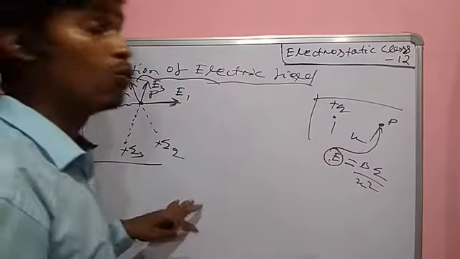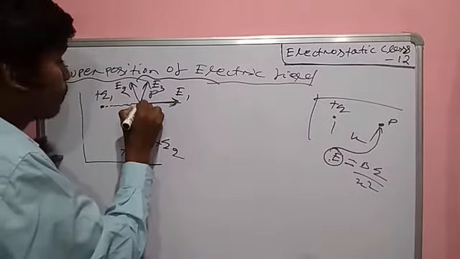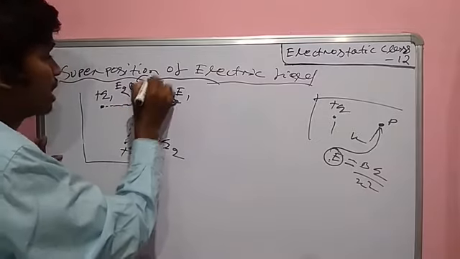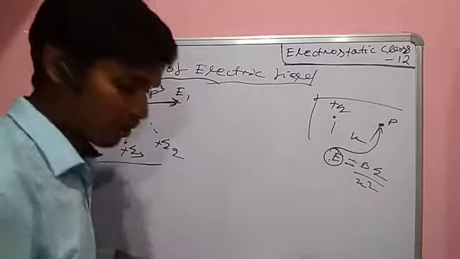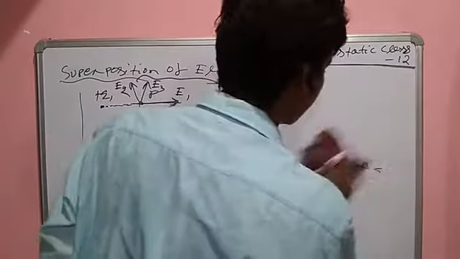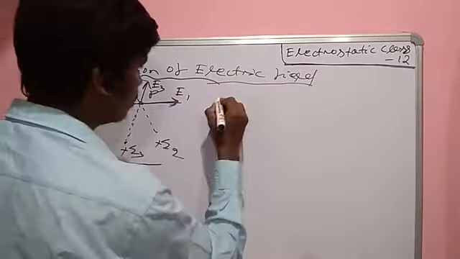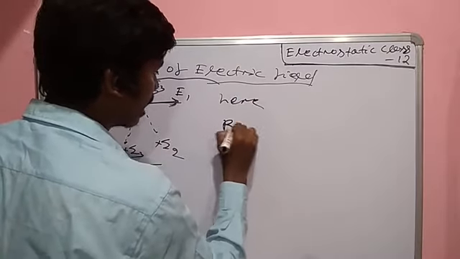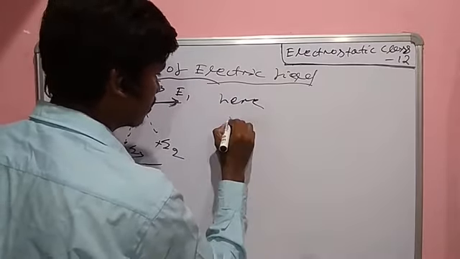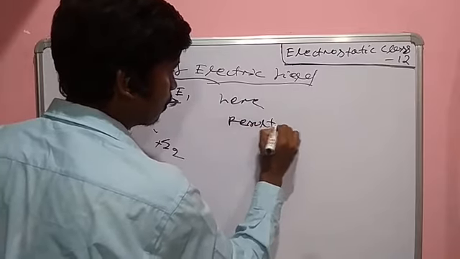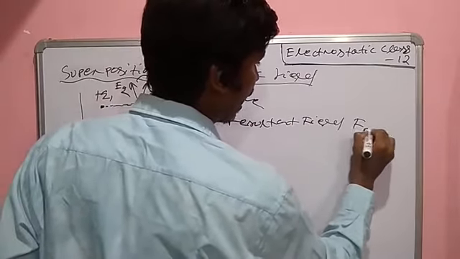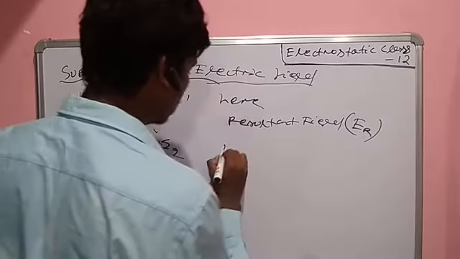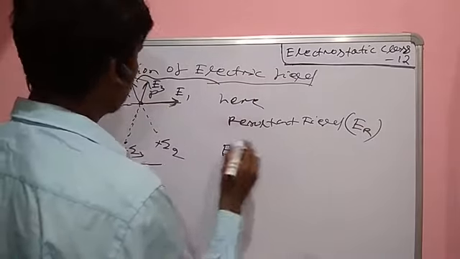But we have to know at point P, E1 is here, E2 is here, E3 is here. But what is the resultant electric field? So here the resultant field ER is what? ER is the vector sum.